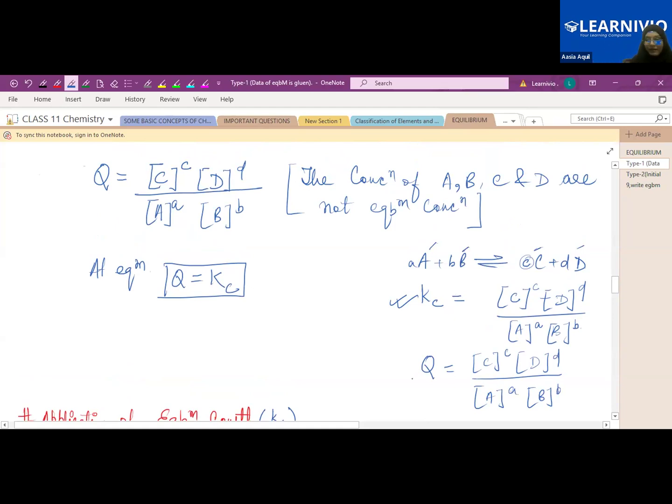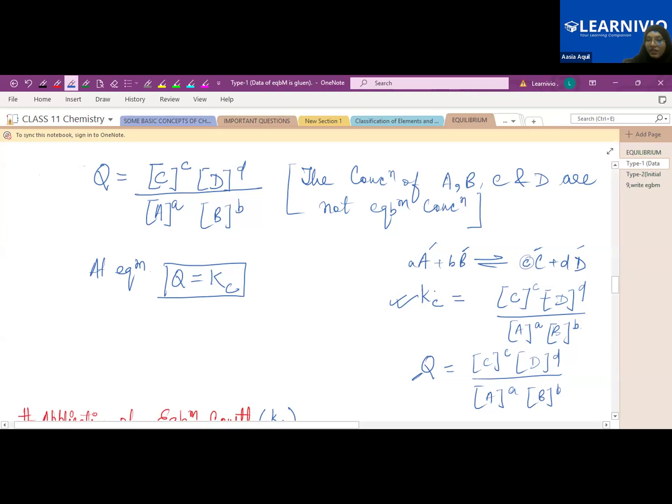But if we talk about the Q, the reaction quotient, it is not necessary that these concentrations are at equilibrium. It can be at equilibrium in some conditions, or it cannot be at equilibrium. Both cases are possible if we are writing the reaction quotient.